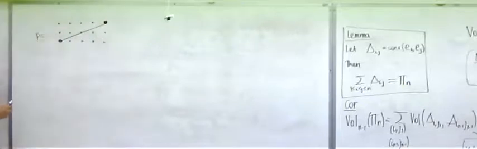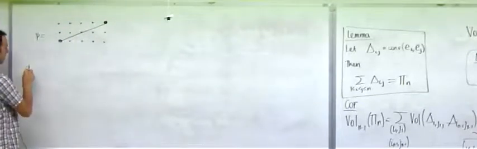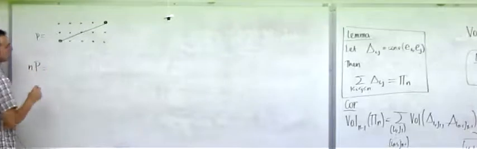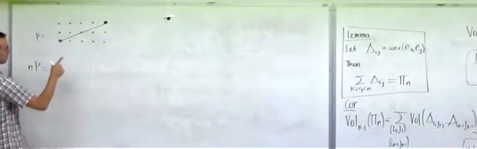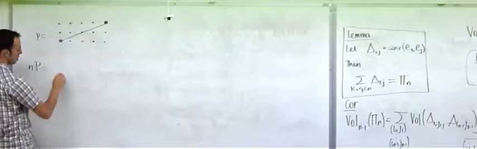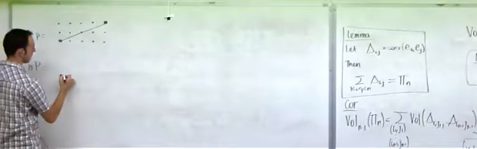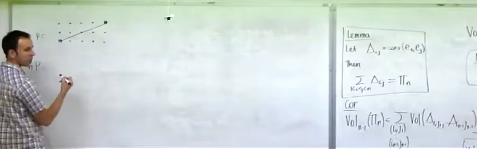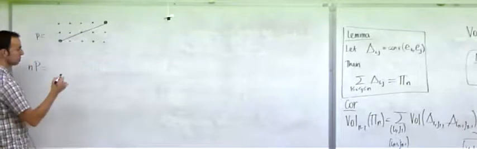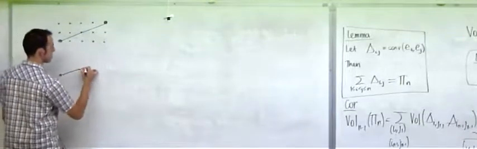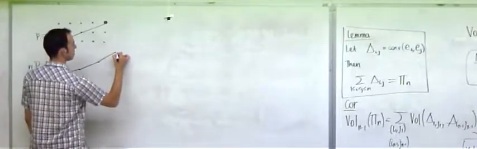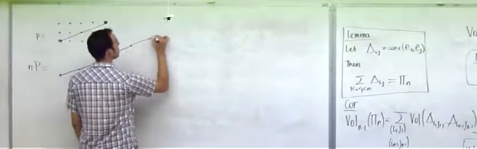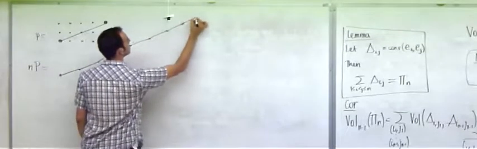Okay? So what is n times this polytope? Well, it's a segment of length, I don't know how long. How many lattice points am I going to have? So this is 1P, then this is 2P, and this is 3P, this is 4P. Okay.